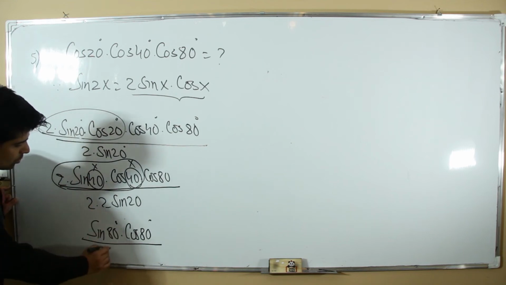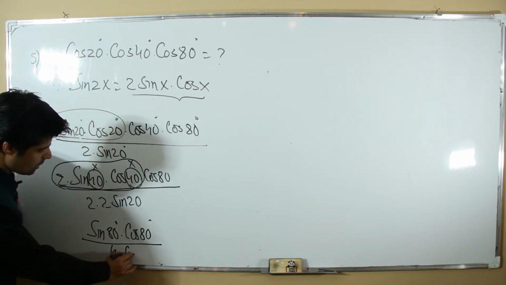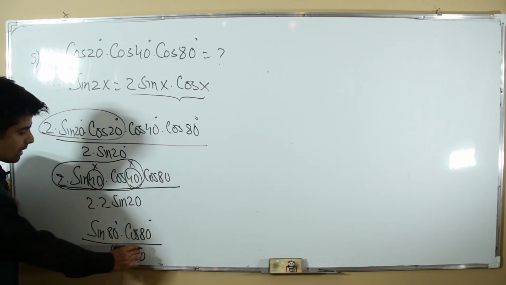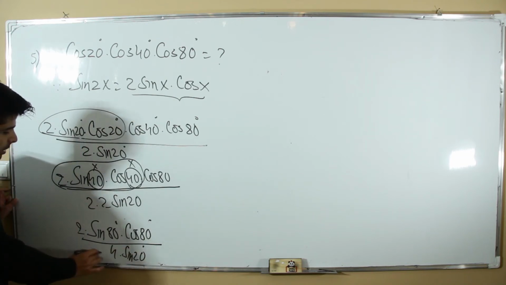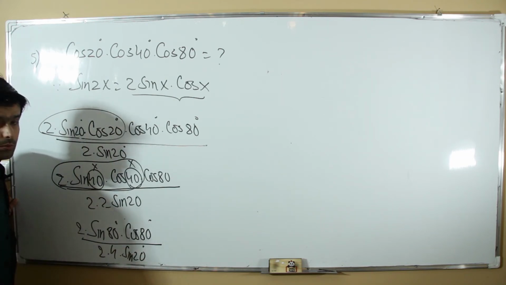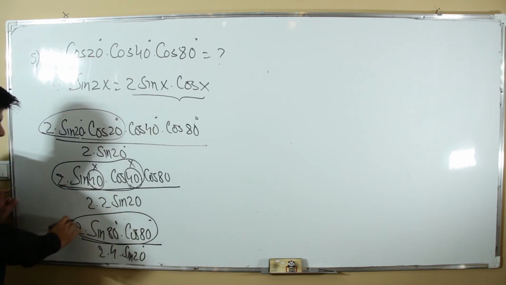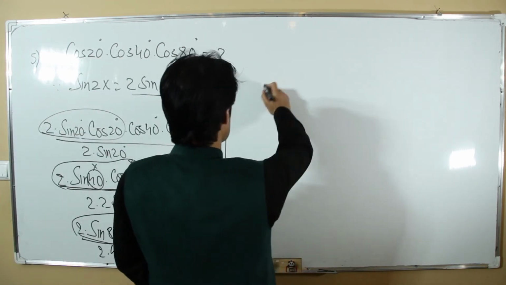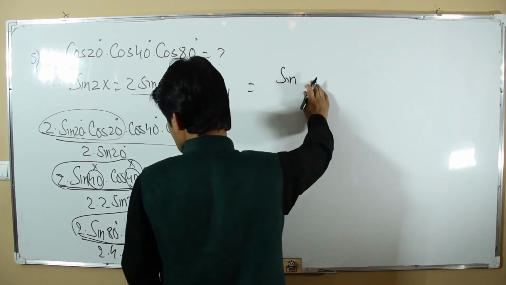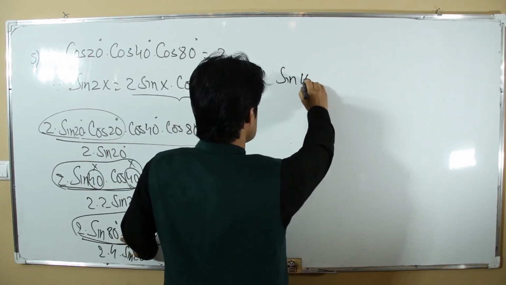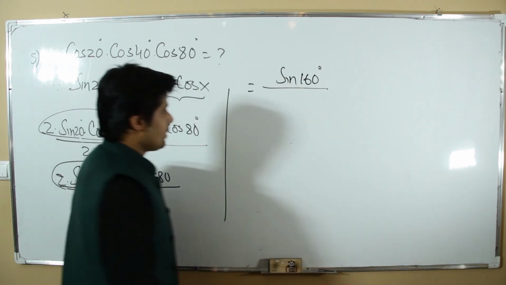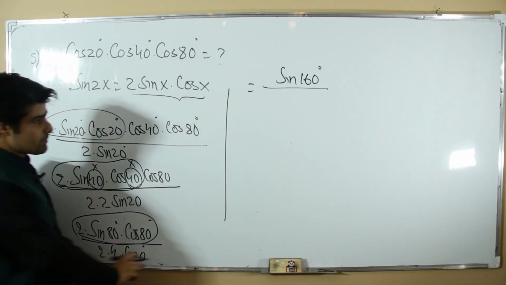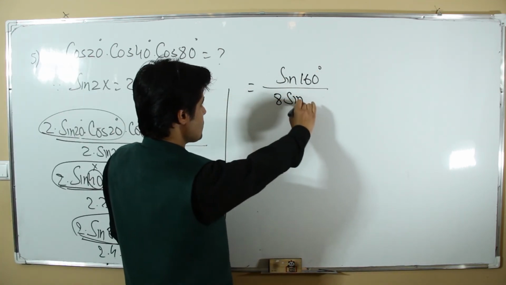Now 2 times 2 is 4 sine 20. Can I put once again 1 by 2 here and 1 by 2 here? Yes, we can do it. So this one is sine of 2x, which is sine 2 times 80, it is 160 degree, divided by 2 times 4, it is 8 sine 20.